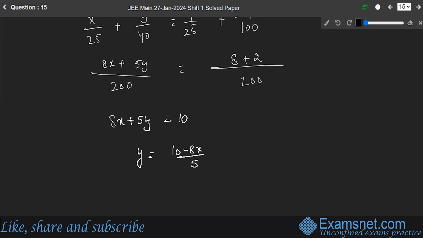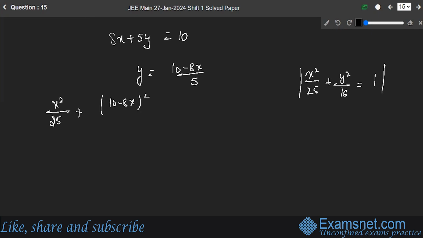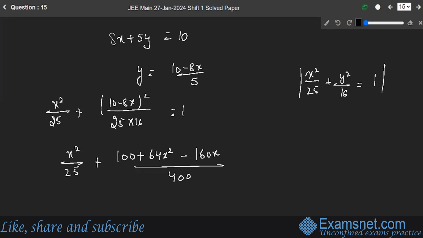Now let's fill in this value of y in the given equation of the ellipse, which was x square upon 25 plus y square upon 16 is equal to 1. So you will have x square upon 25 plus y square, which is this thing, upon 25 into 16 is equal to 1. x square upon 25 plus (100 plus 64x square minus 160x) upon 400 is equal to 1.